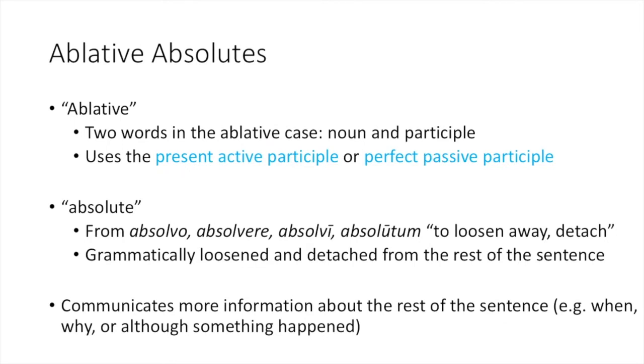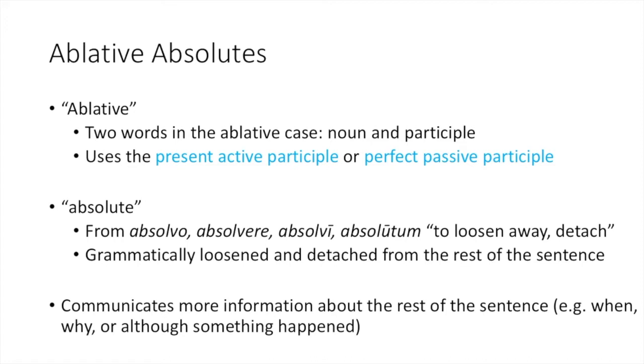The first word, ablative. It's a new use of the ablative case. And there will be two words in the ablative case within your ablative absolute, well, two or more. And one will be a noun, and one will be a participle. And that participle will modify the noun, and it will be either the present active participle or the perfect passive participle.